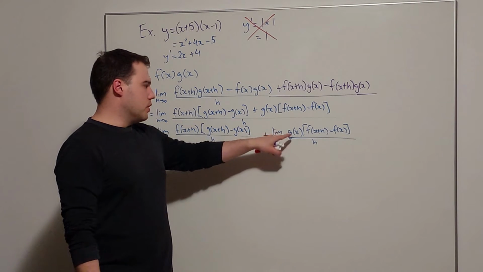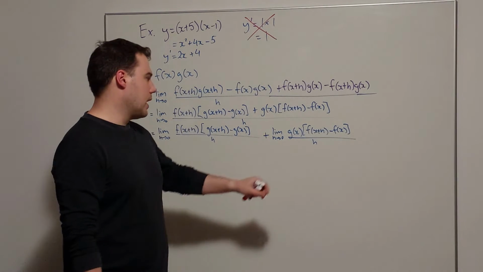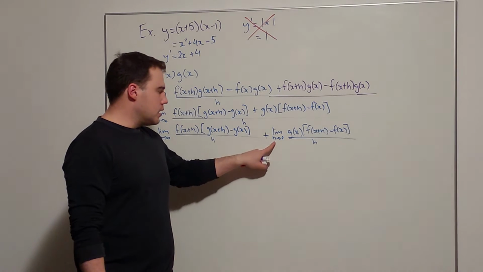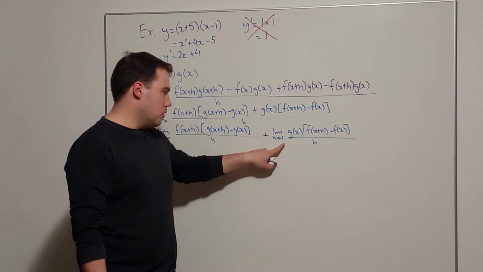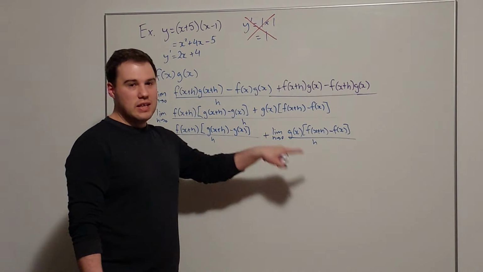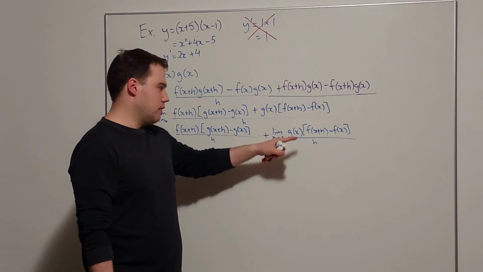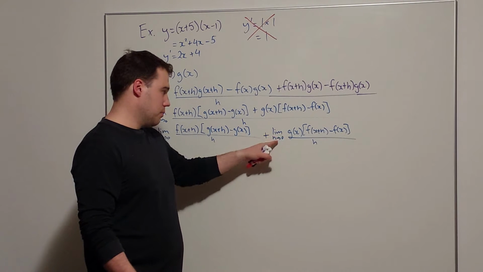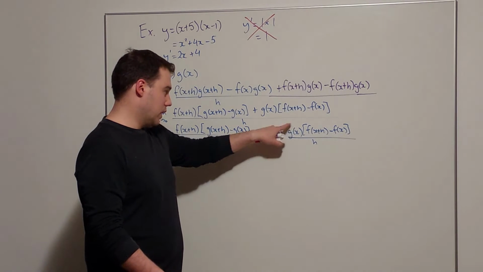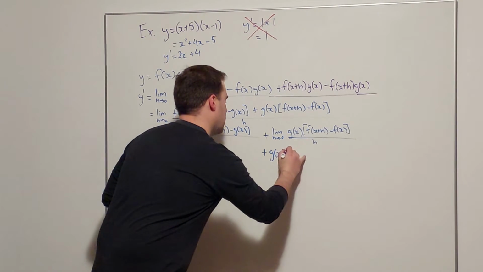We pulled a number out because if we've just got a constant, whether it was 5 or some arbitrary constant k, we can pull that factor out as a property of limits. Now, because we're taking the limit as h goes to 0, and this expression g of x doesn't have an h in it, we can treat this function of x as a constant with respect to h, because the limit's not being taken with respect to this variable. So we can actually pull this g of x term outside here.